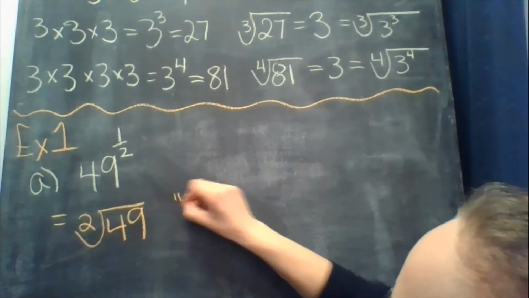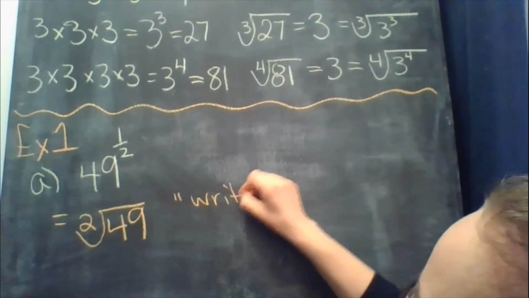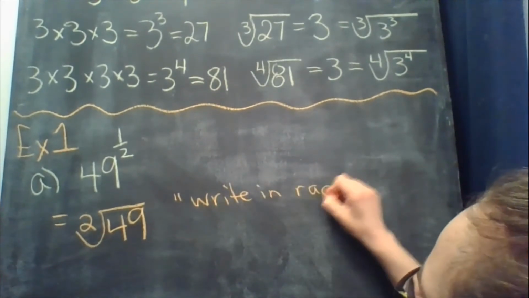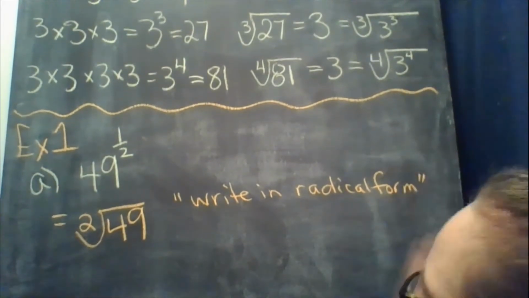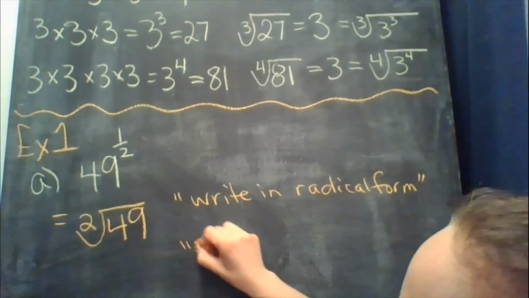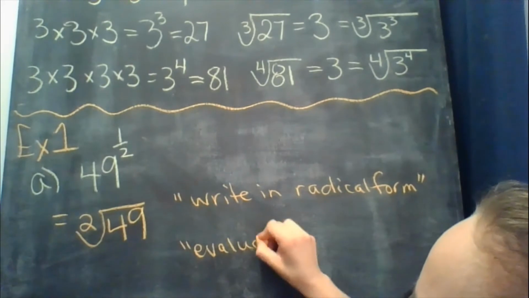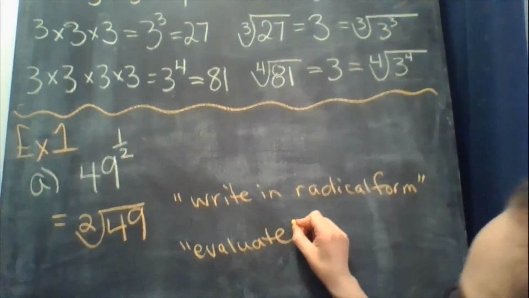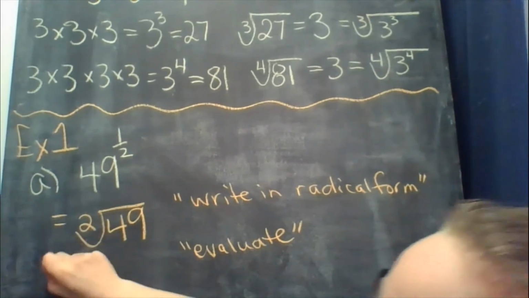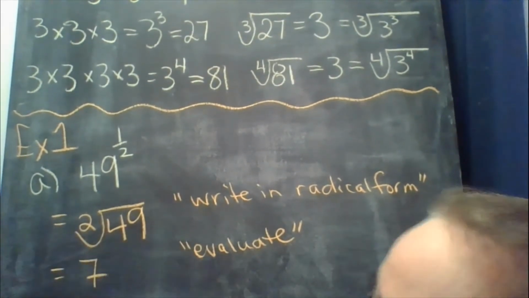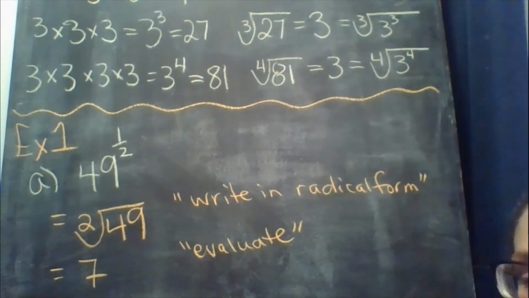That's writing it in radical form. And then if I want to evaluate, we figure out what that is. The square root of 49, we all know, is 7. Okay, simple enough.